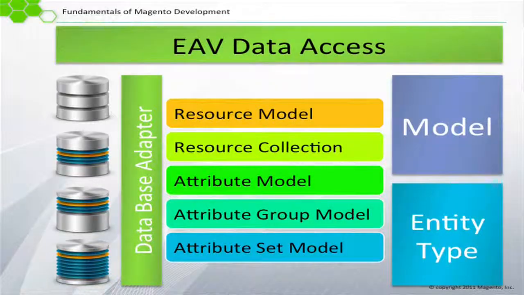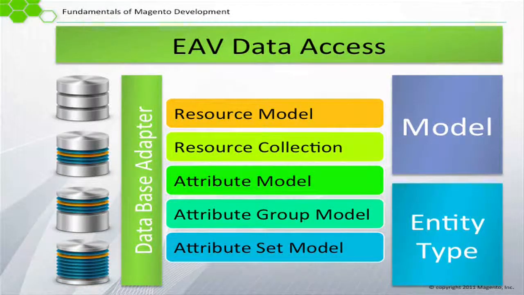What does that look like? Resource model, resource collection, and then we have the attribute model and the attribute groups and the attribute sets. We're looking at an example of that in the managed sets.